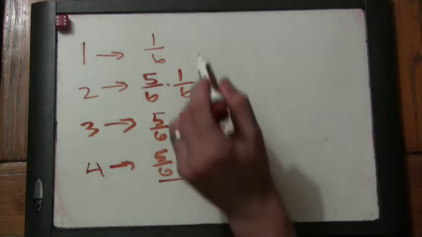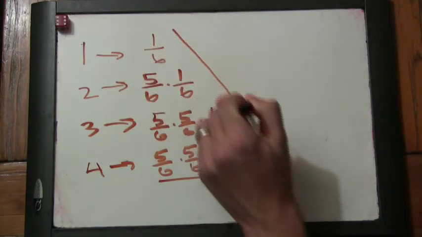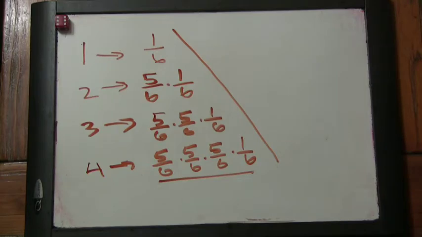So how can we use the probabilities to get to the expected number of rolls?